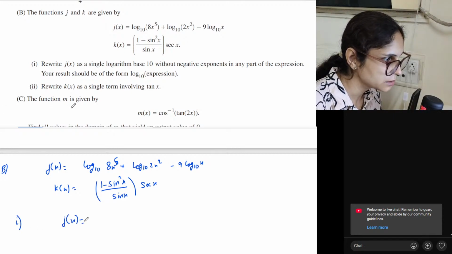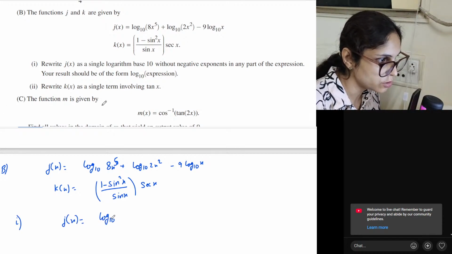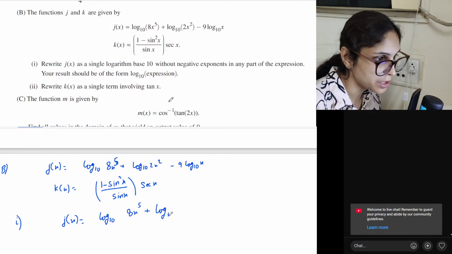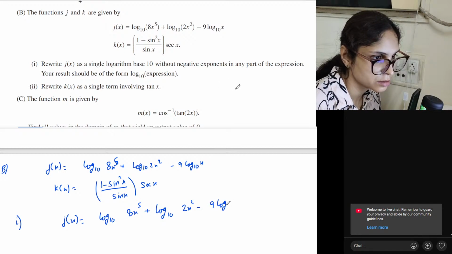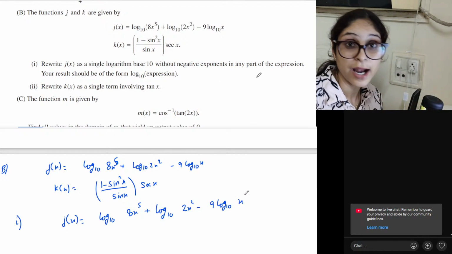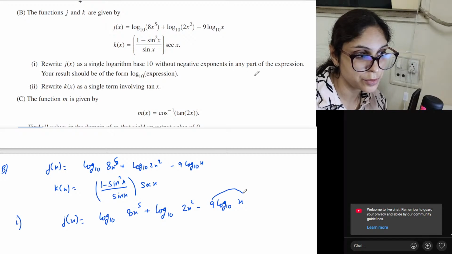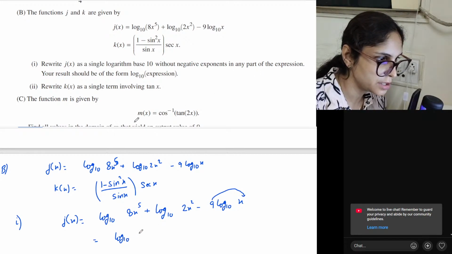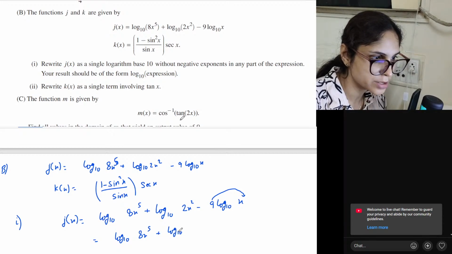So we will apply the properties of logs. If logs are added, that means arguments have to be multiplied, and if logs are subtracted, that means arguments have to be divided. And if some number is multiplied, first we'll bring it up as an exponent. So this will first become log base 10 of 8x to the 5th, plus log base 10 of 2x squared, minus log base 10 of x to the 9th.